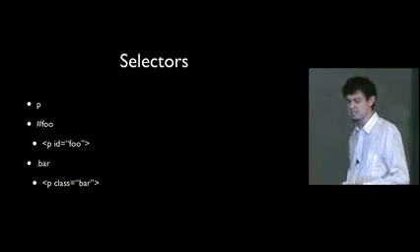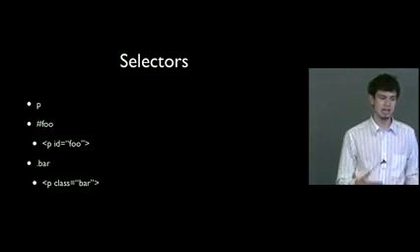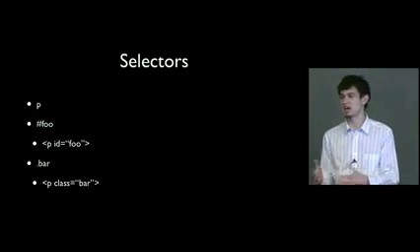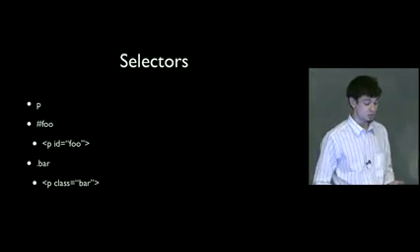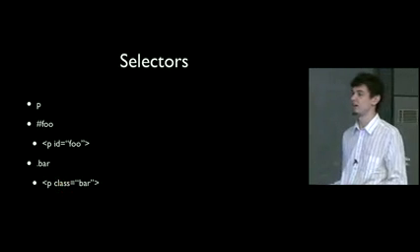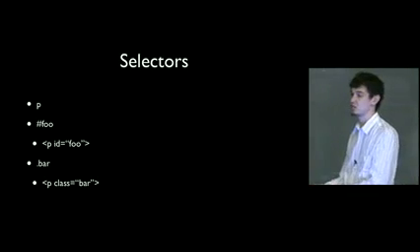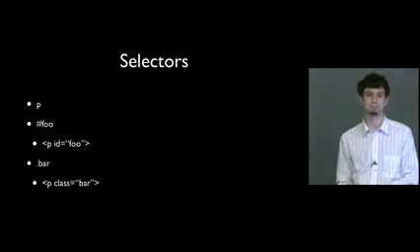So the problem with IDs is we said, well, the ID should be unique. That's kind of what an ID is. But a lot of times we might want to apply the same style to multiple elements. And so that's what this class is. This class is just an identifier that says I want to do something to all of these elements that have a class, for example, of bar.